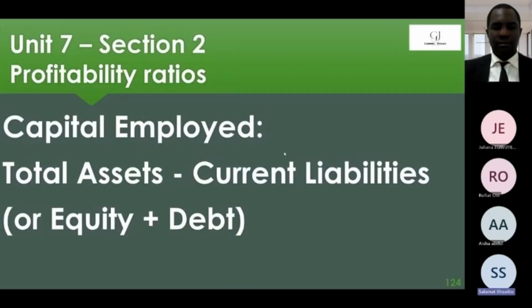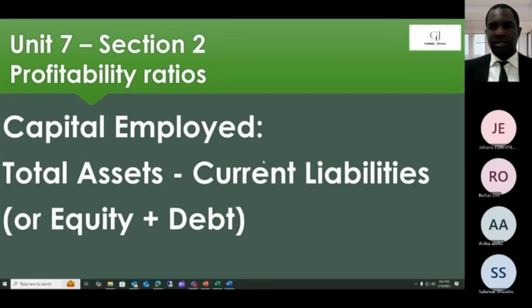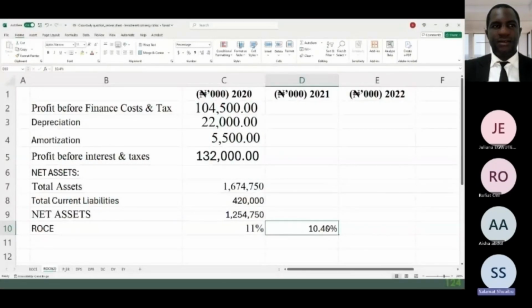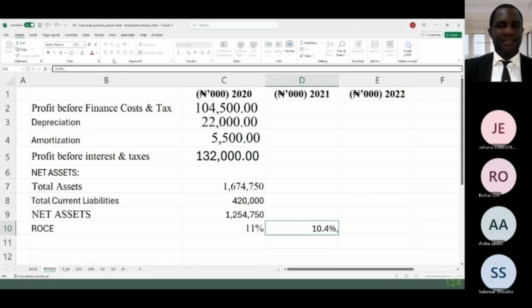Okay, he was saying that it's 10.4. Yes, I only have Aisha's figure. I don't have any other. Okay, thank you for that clarification. Any other person with a contrary figure?